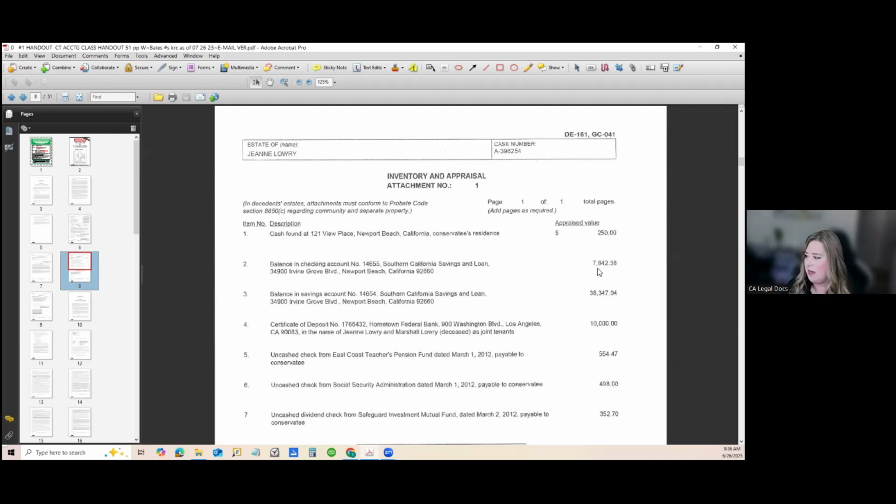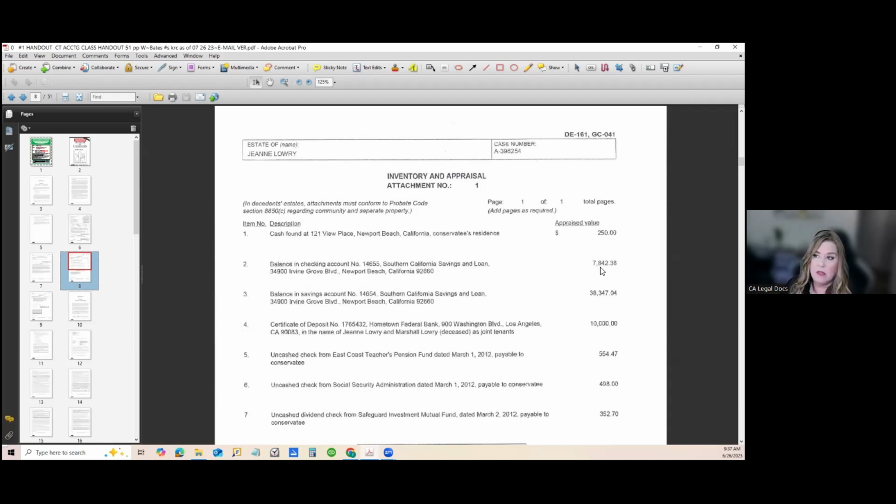But now you see bank statements that run daily totals. Make sure that you're listing what the balance was on that date. Now, it is the balance on that date after checks cleared.